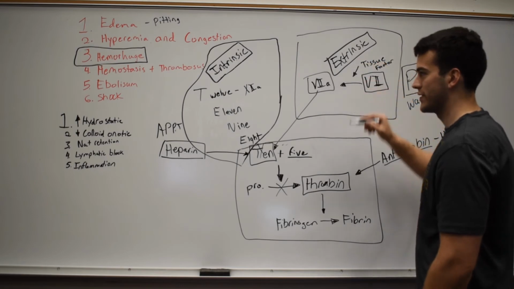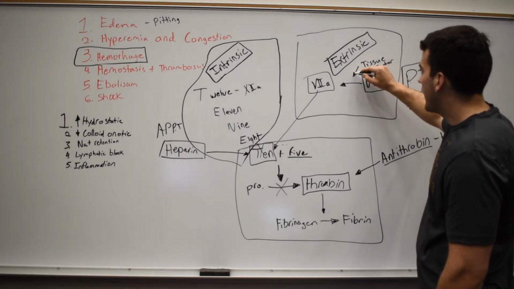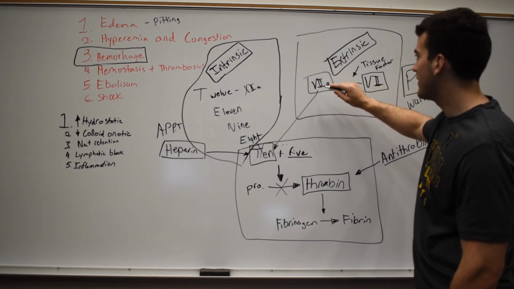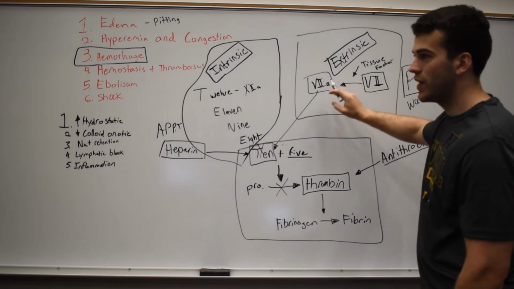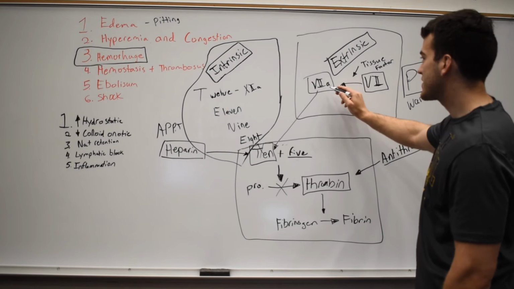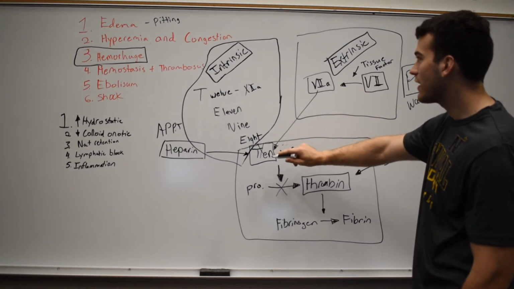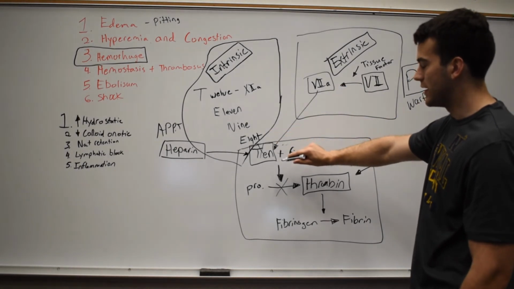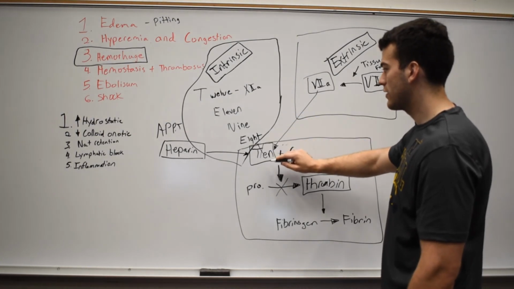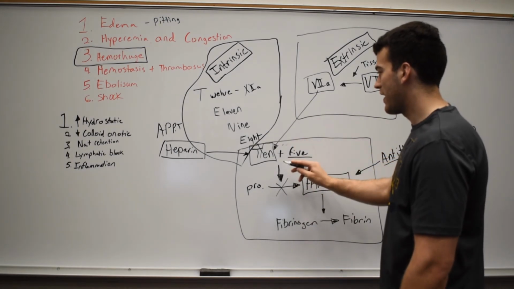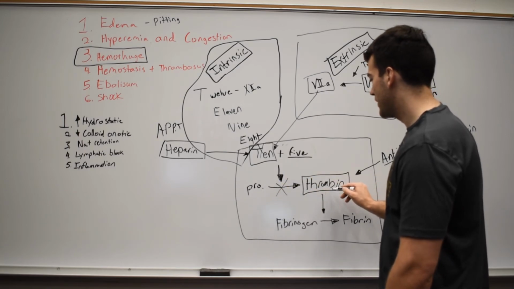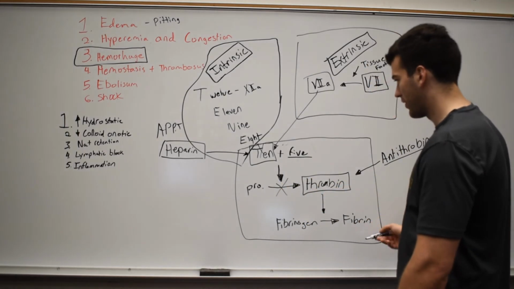That's why it's called extrinsic. And that would go ahead and activate this factor 7 to be turned into factor 7A. So this is a much simpler arm of the clotting cascade. And factor 7A is going to do the exact thing that 8A did in our intrinsic pathway. So it's going to allow factor 10 to turn into factor 10A. And then that's going to complex with factor 5, turn prothrombin into thrombin, and fibrinogen into fibrin.